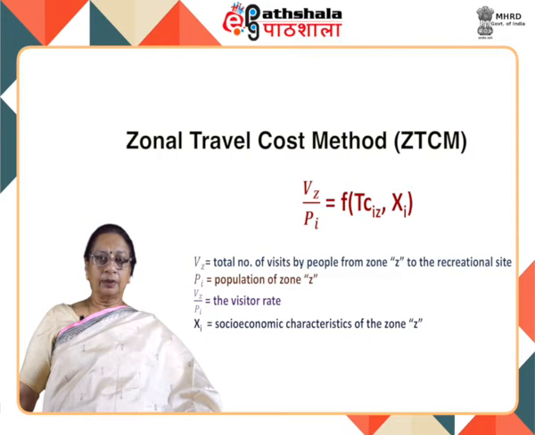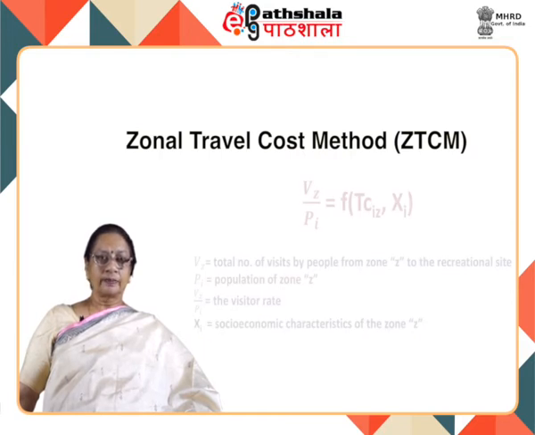Pi is the population of zone Z. Vz by Pi is the visitor rate and Xj is the socio-economic characteristics of the zone Z.